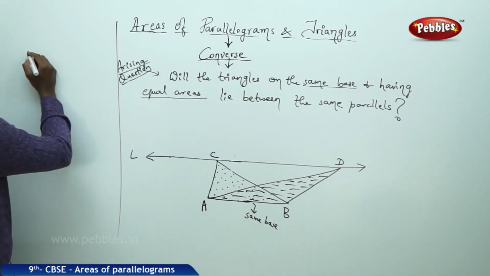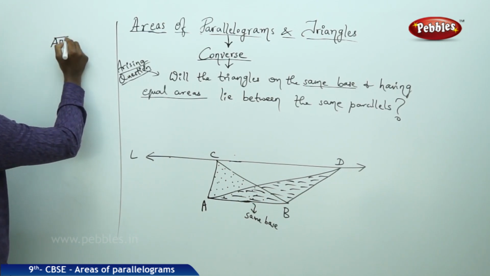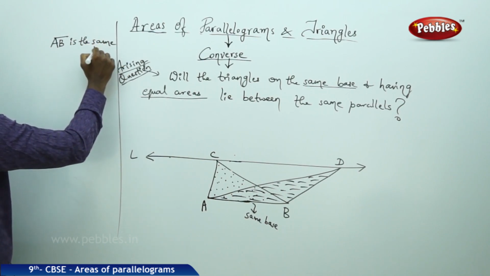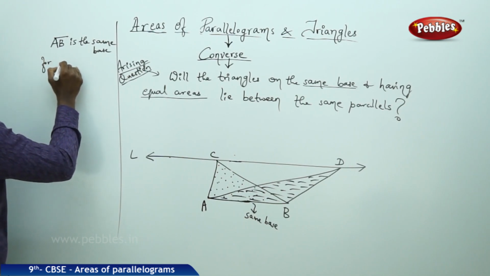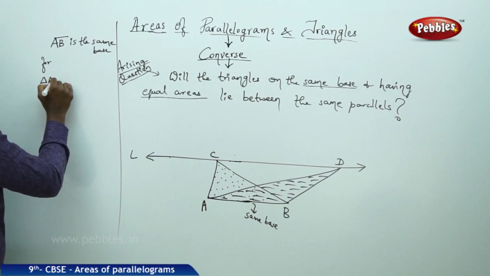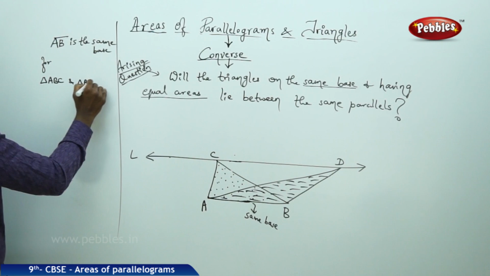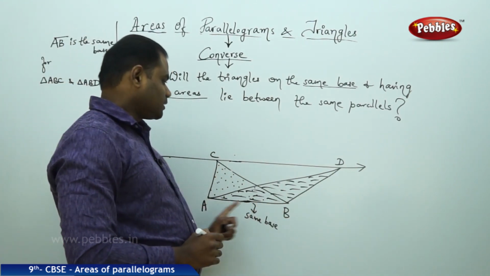Here the condition is that AB is the same base for triangle ABC and triangle ABD.